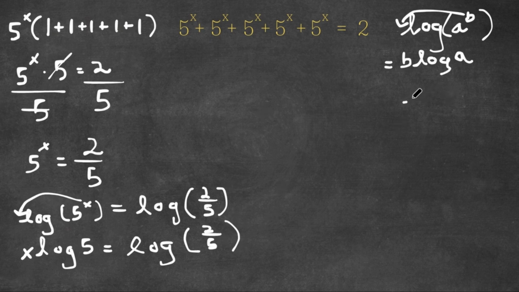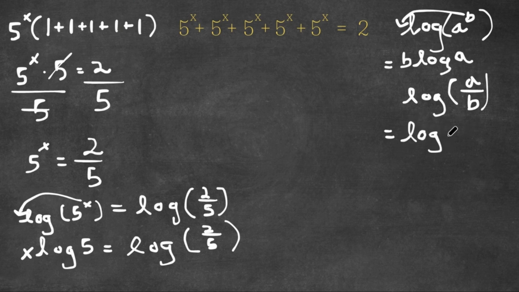Now, another property of logarithms is that if we have a log of a fraction, let's say log a over b, this would equal the log of the numerator minus the log of the denominator. So log a minus log b.